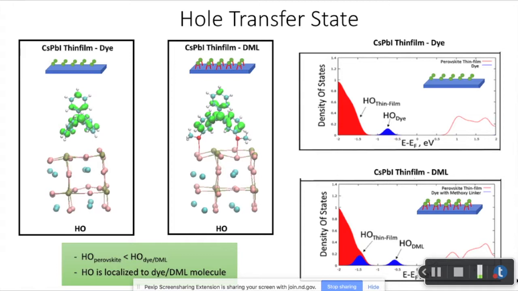We can see that for both of the models the HOMO of the dye is significantly greater than the thin film, so we'd expect that the highest occupied orbital of the system would be occupied on the dye, which we can see in the two figures on the left, where the green blobs indicate the molecular orbitals are occupied on the dye in both systems.